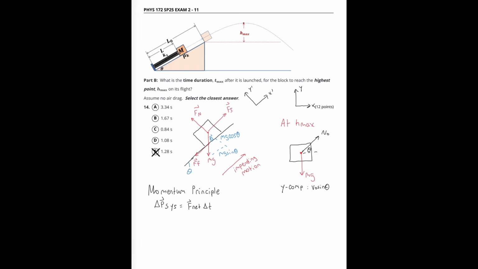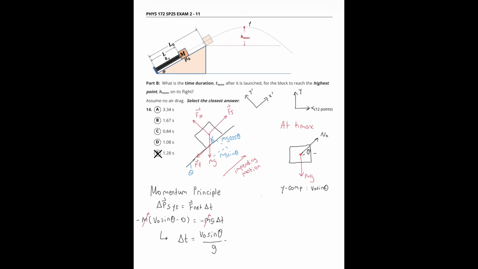So we have m times v final, which is v naught sine theta, minus our initial velocity 0, is equal to our F net of minus mg times delta t. In this case, the m's will cancel out, as well as a negative. So we can rewrite our expression for the change in time is equal to v naught sine theta over g.